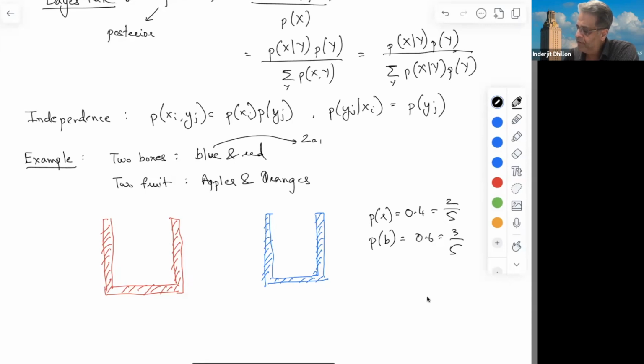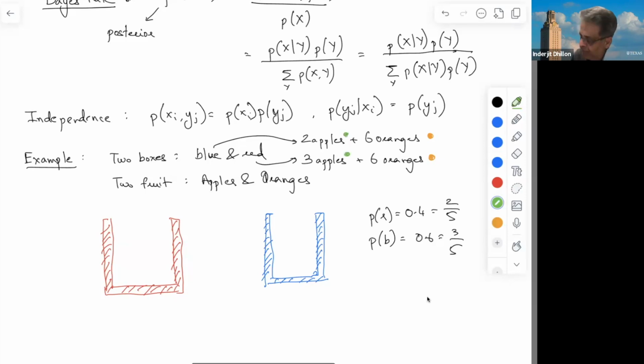Okay, and now suppose in the red box I have 2 apples and 6 oranges. And suppose in the blue box I have 3 apples plus 1 orange. Okay, so the orange color is here, oranges. And let's say suppose they are Granny Smith apples, green apples.